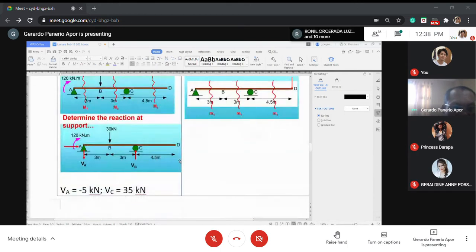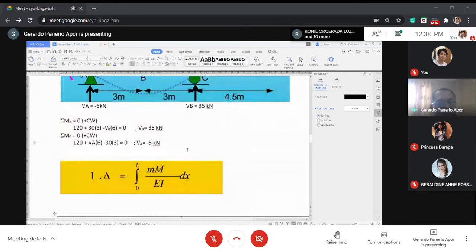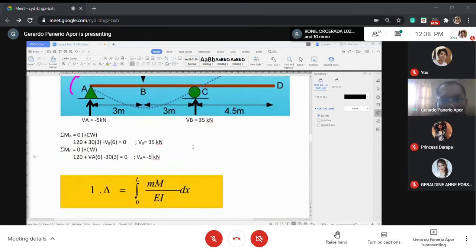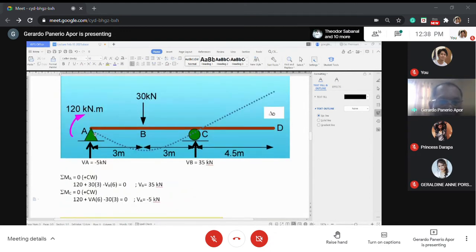Okay, BE and BC. Now, the whole length is divided into AB, BC, and CD. That is divided in this manner because there are a lot of changes of loading. There is discontinuity of loading. It's not like in the first example where the 12 kilonewton per meter is throughout the length.